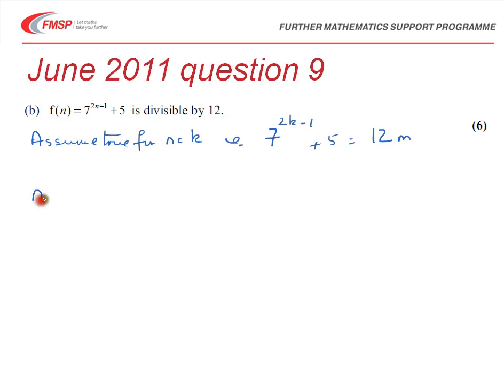And then if n is equal to k plus 1, f of k plus 1 is equal to 7 to the 2k plus 1 minus 1, plus 5, and that's equal to 7 to the power 2k plus 1 plus 5.